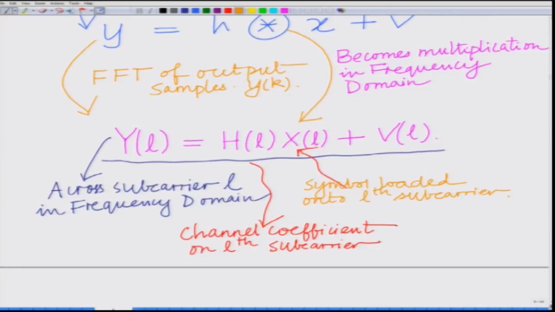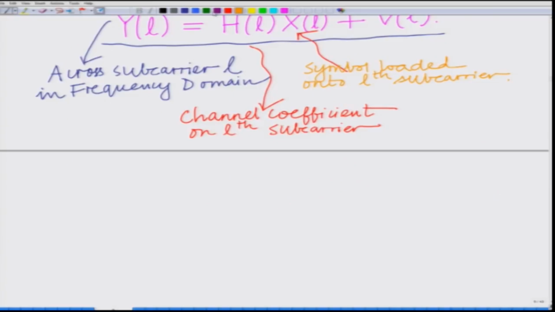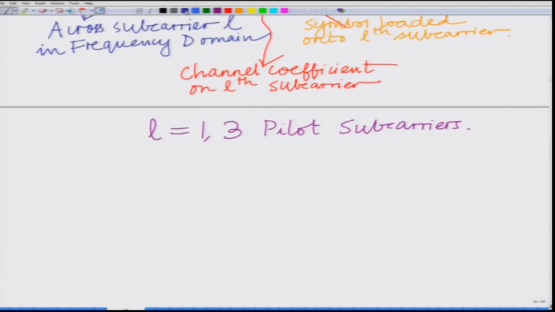Therefore, we have to extract the output symbols corresponding to these pilot subcarriers, and remember these pilot subcarriers correspond to small l equal to 1 and small l equal to 3. These are our pilot subcarriers.